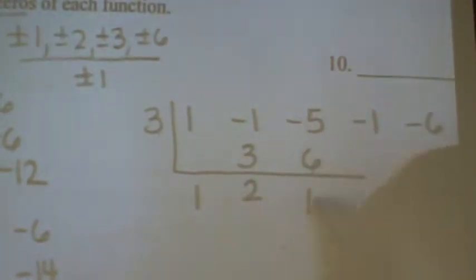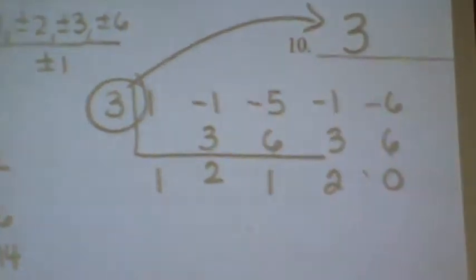Then I try 3. Bring down the 1. 3 times 1 is 3, add. Multiply, add.